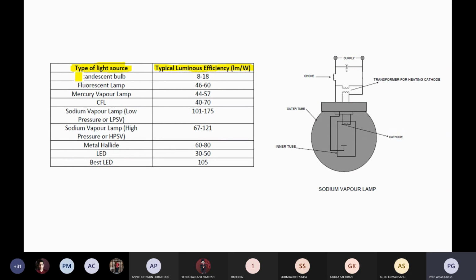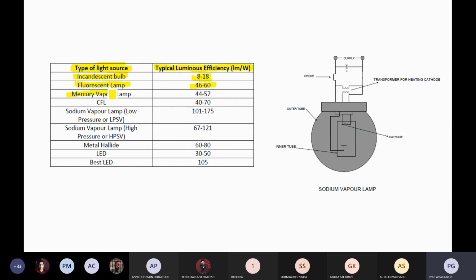Incandescent bulbs are 8 to 18 lumen per watt, that is the luminous efficiency of the bulb. Then the fluorescent lamp has 46 to 60 lumen per watt. As per their efficiency, we can use those bulbs in our different applications.